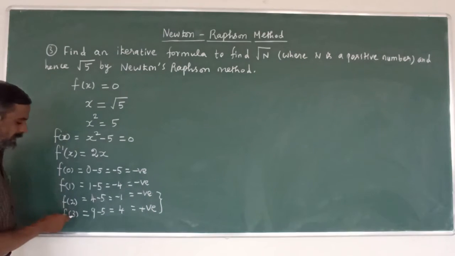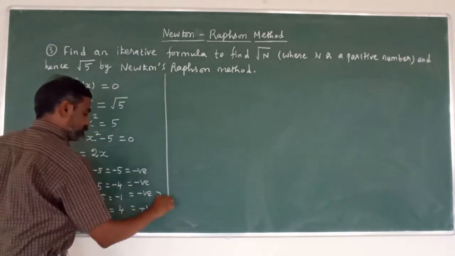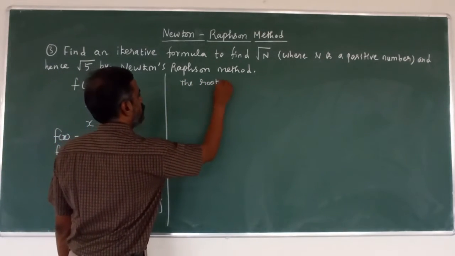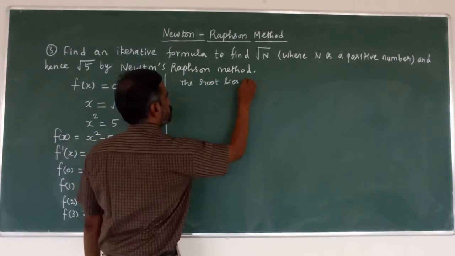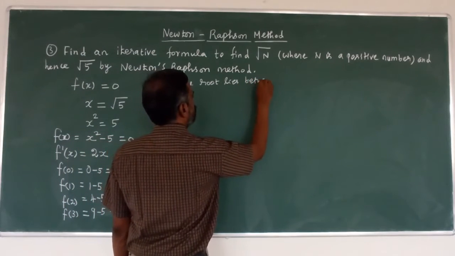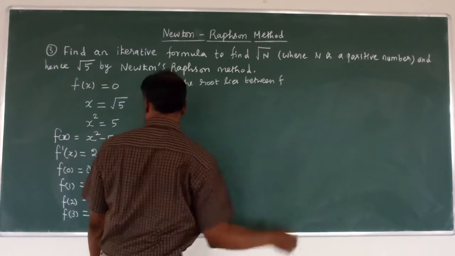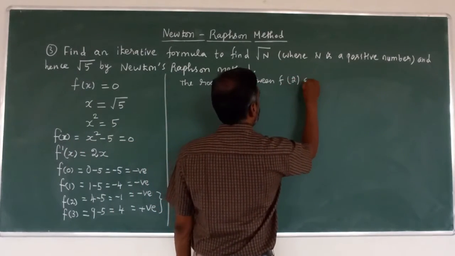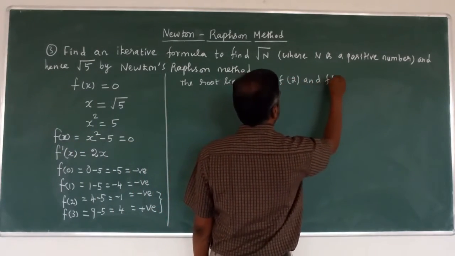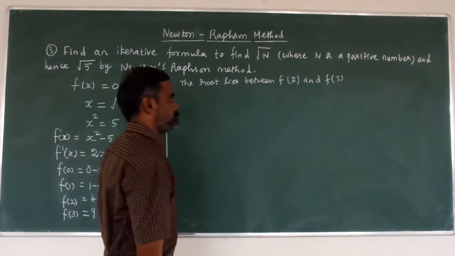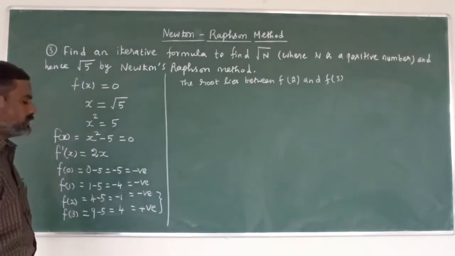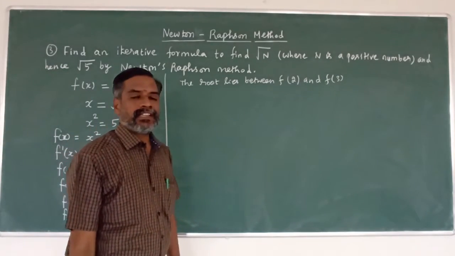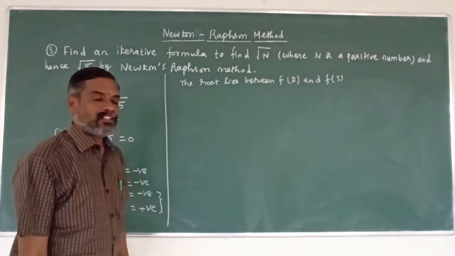The root lies between f of 2 and f of 3. We have to find out the x naught value.